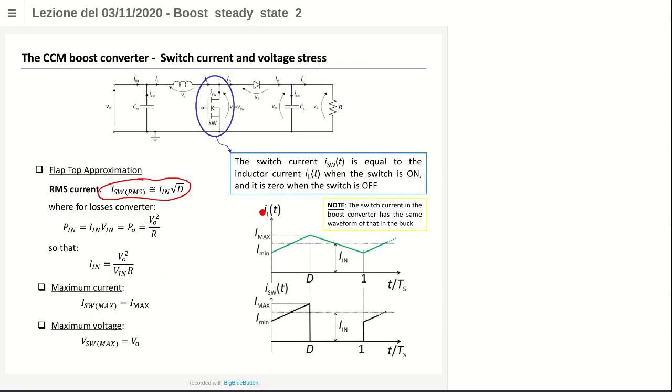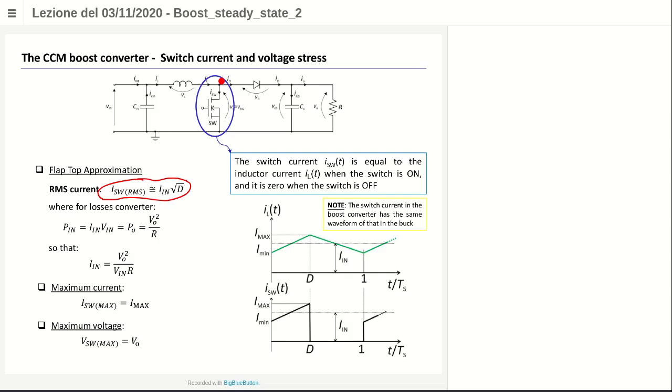The maximum current that you can have in the switch is the same as the maximum current you can have in the inductor, something that we already computed: I in plus 1/2 of delta IL, the ripple current in the inductor. Another important parameter that you have to consider for any switch is the maximum voltage that the switch can withstand when it is open.